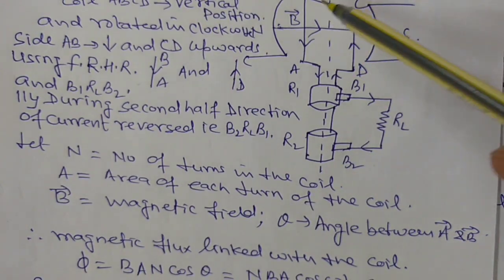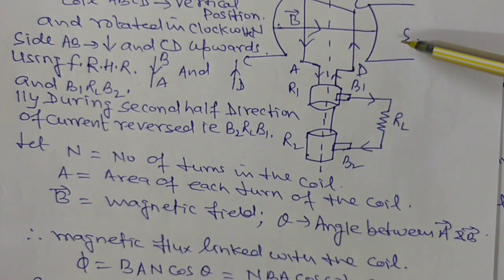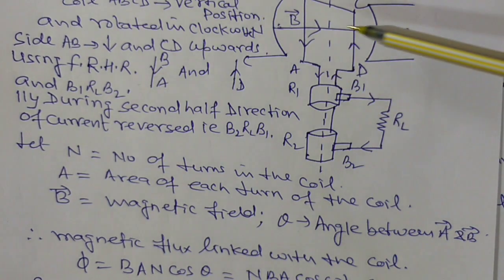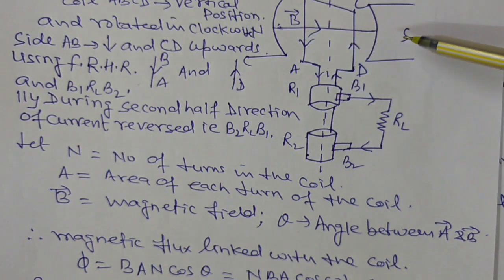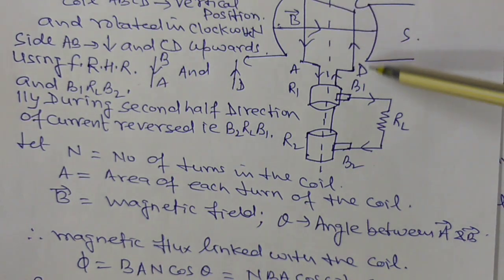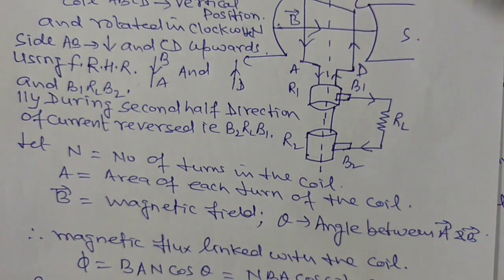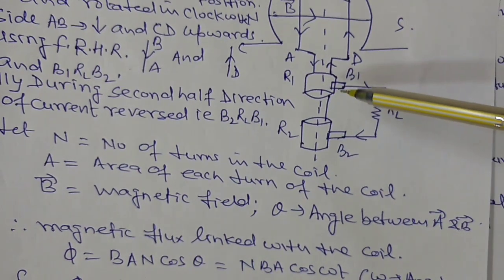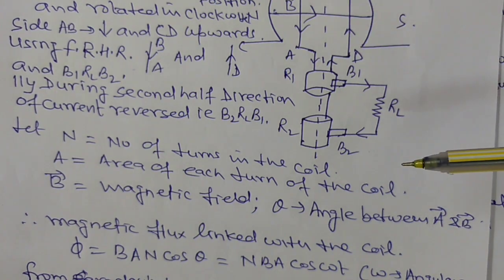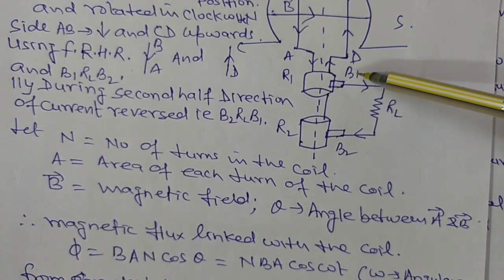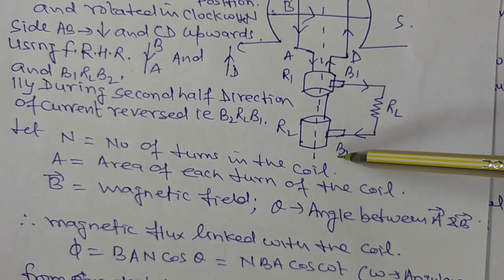These two magnetic poles north and south produce magnetic field, and this armature coil ABCD rotates in this magnetic field, and it consists of a large number of turns, and two slip rings R1 and R2 are attached with the free ends of the armature coil, and B1 and B2 are brushes.